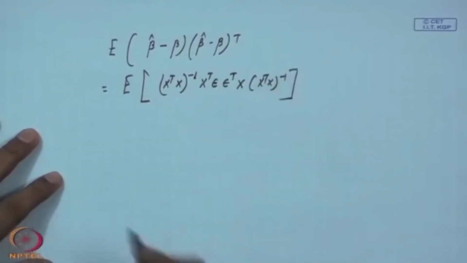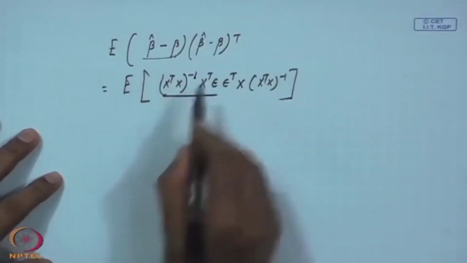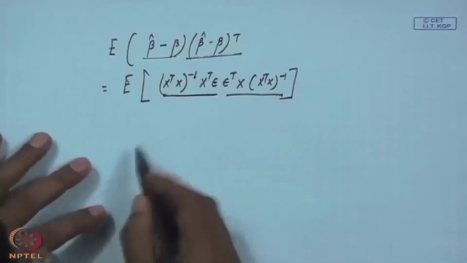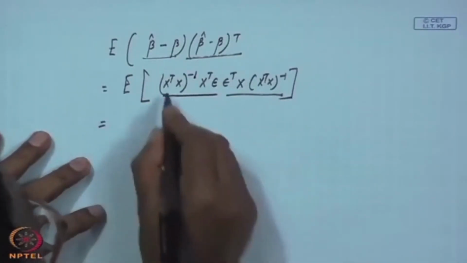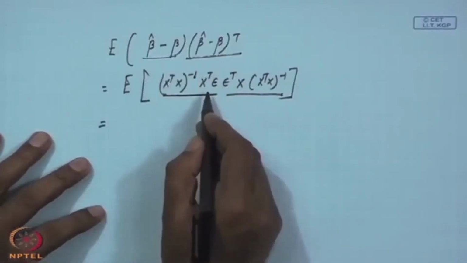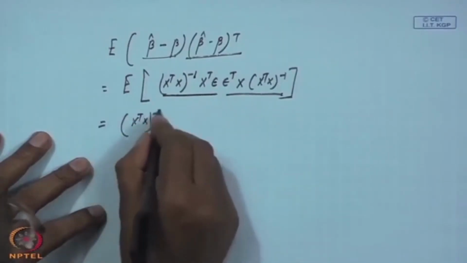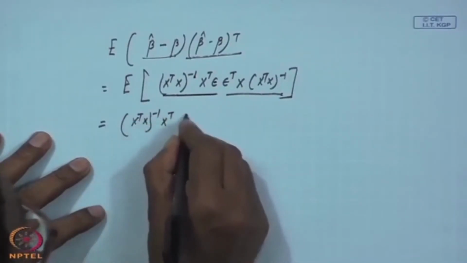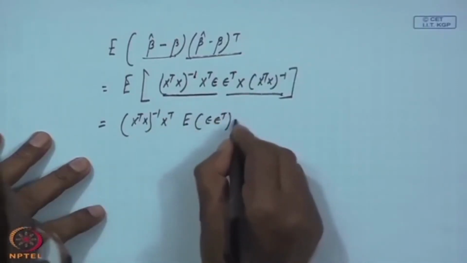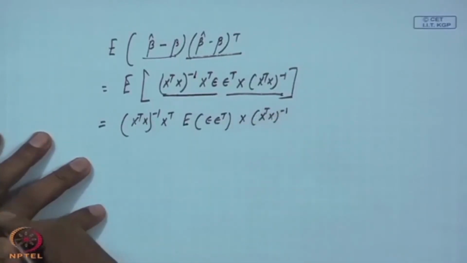For one we have written this portion, for the other this portion. Now we bring out the fixed values: (X transpose X) inverse X transpose, then the expected value of epsilon epsilon transpose, then X (X transpose X) inverse.